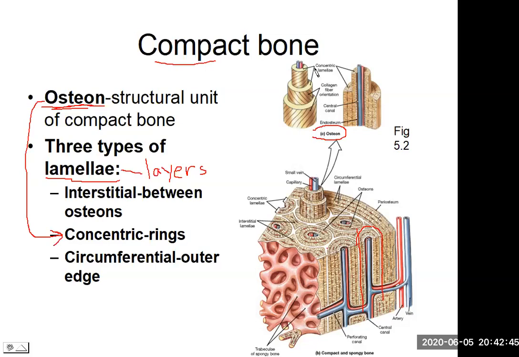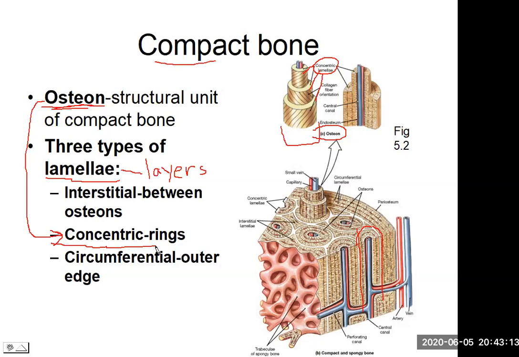So that's what we're seeing here. Each of these circular layers that ultimately form one osteon. So I always think of the appearance of a tree stump, how you get the rings of growth on a tree stump. That would be the same principal idea for the concentric lamellae that come together to build one osteon.